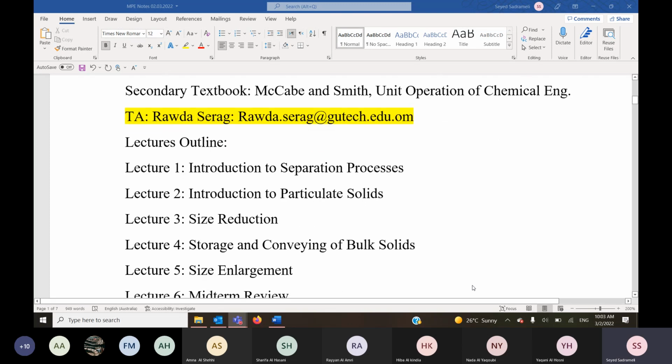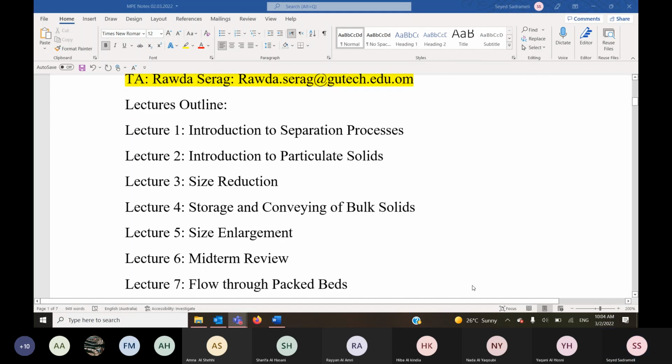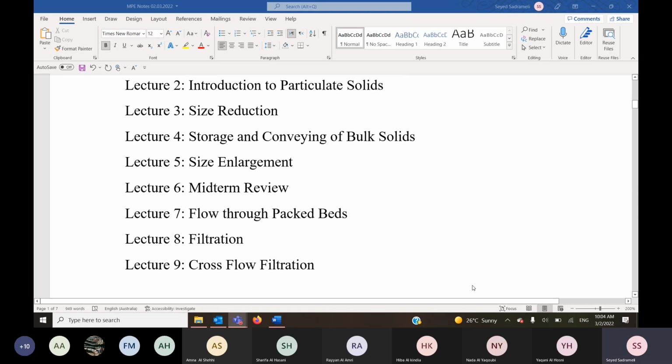Then introduction to particulate solids, size reduction, storage and conveying of bulk solids, how we can store solids in cellars and bins and other storage systems, how we can convey and move solids, and size enlargement. This is for the midterm. So we have an exam up to lecture 5 maybe.